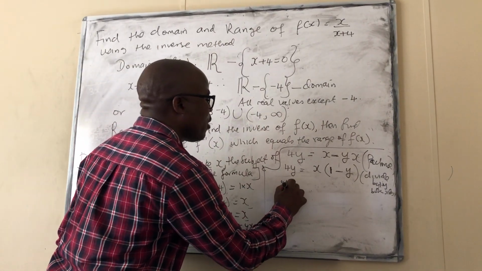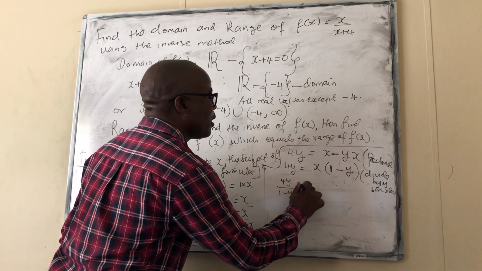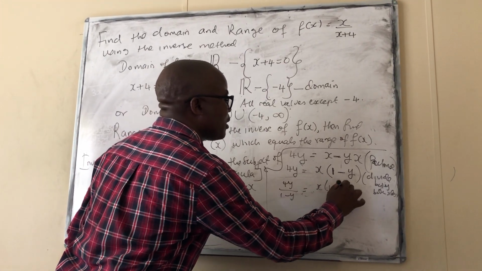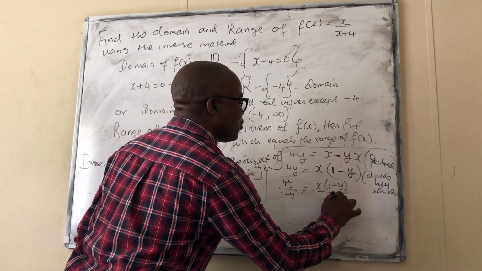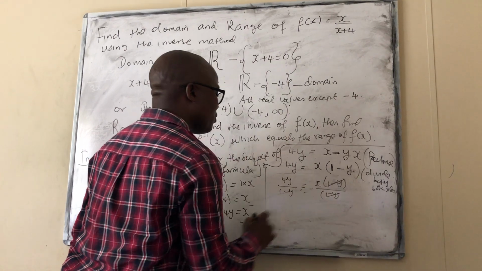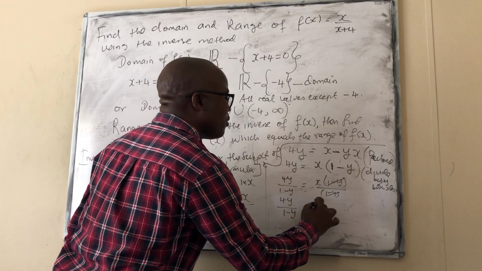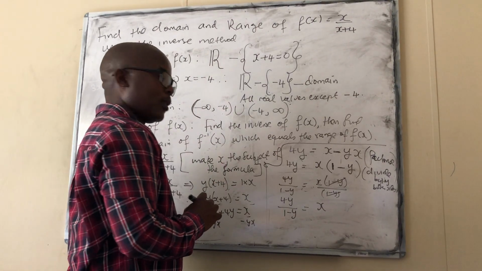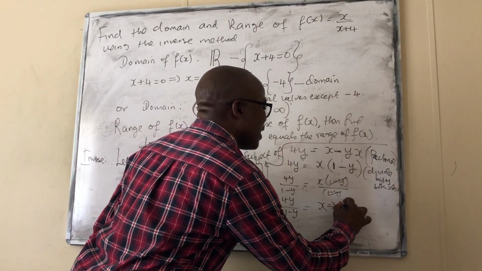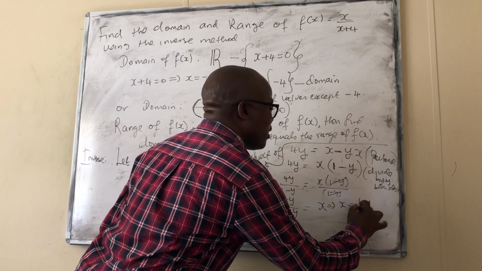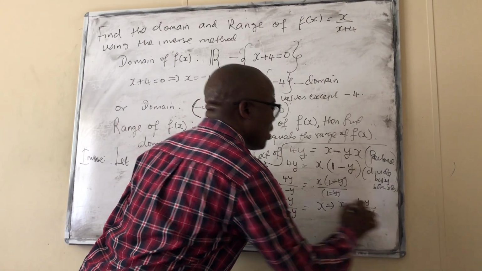So this is 4y over 1 minus y equals x times 1 minus y over 1 minus y. It cancels out. You have 4y over 1 minus y equals x. So this implies x equals 4y over 1 minus y.